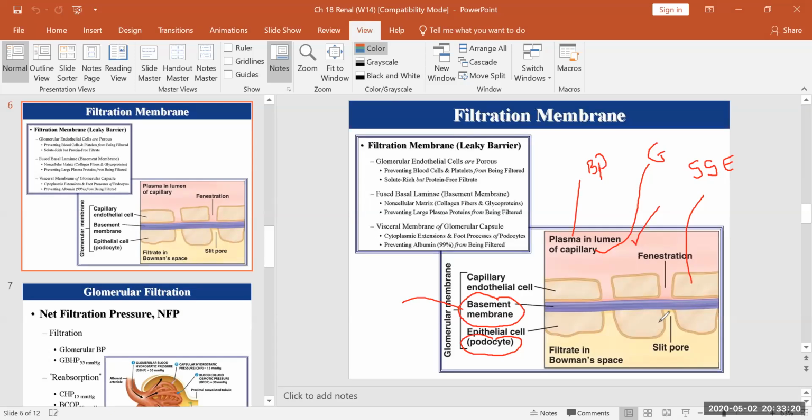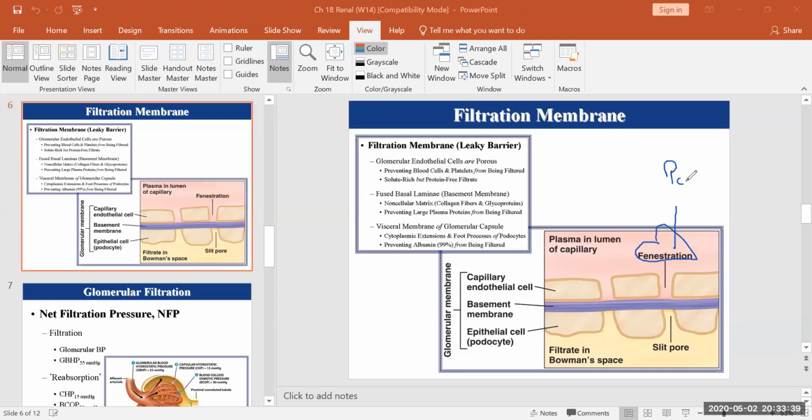And then there are pores, and the pores are called fenestrations. So here, the fenestration is an opening, a pore, P-O-R-E, right? The mechanism of transport here, we've seen this already.